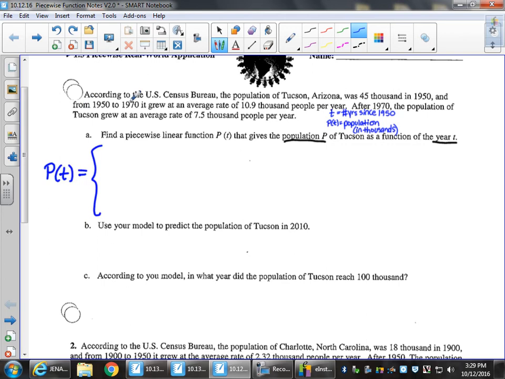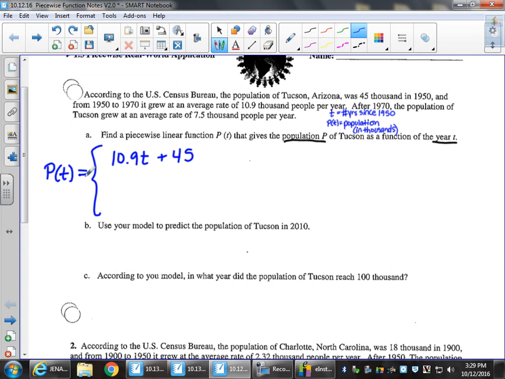we reread, in 1950, I have my initial value of 45,000. From 1950 to 1970, I have an increase at a rate of 10.9 thousand people per year. So that's where 10.9 t plus the initial value in 1950, which was 45.